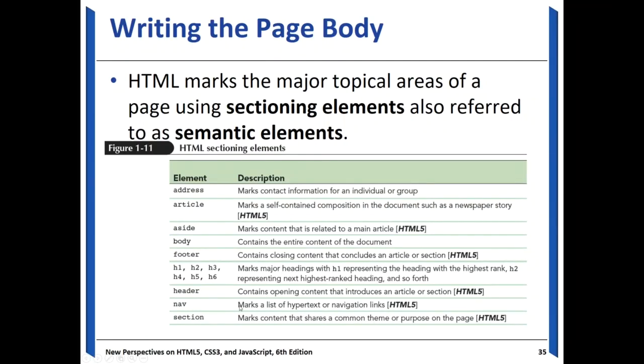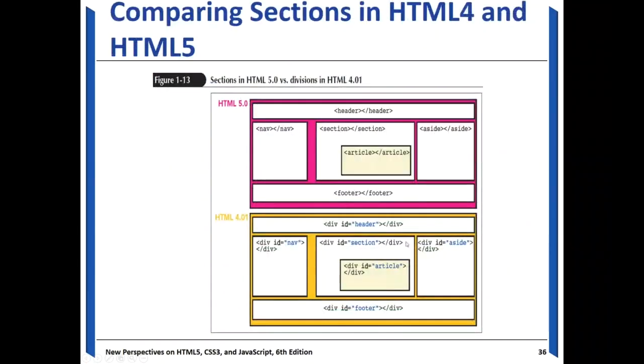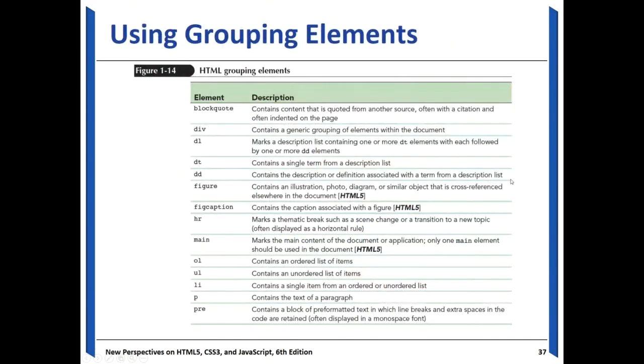Nav is going to have the navigation links, and then section is going to share a common theme or purpose of the page. I would see here the different sections. So we have our header sections, our navs, sections in here, articles inside the sections, nested elements.